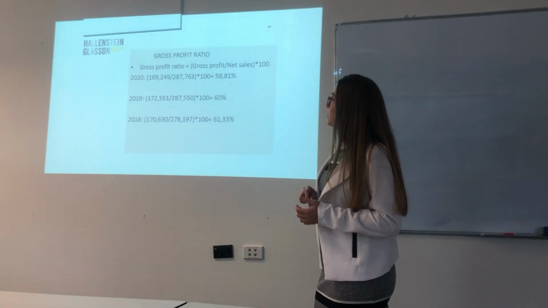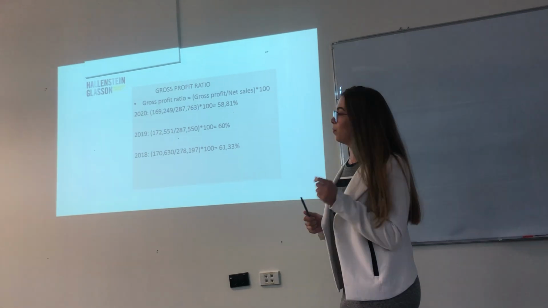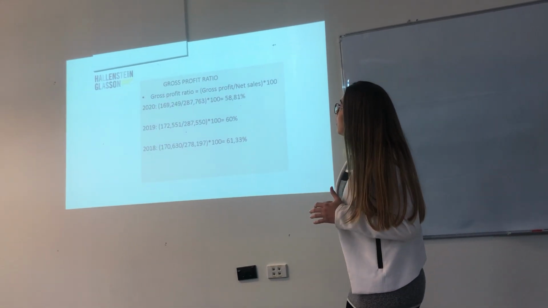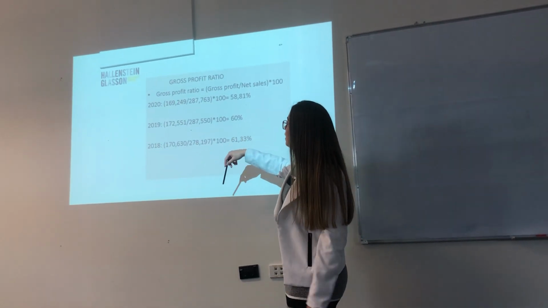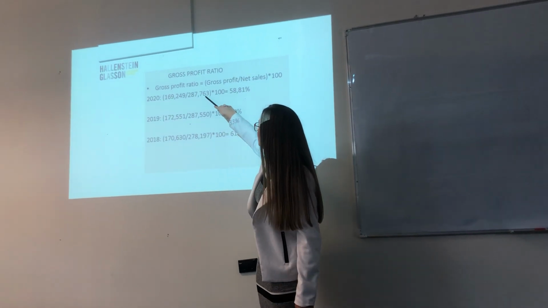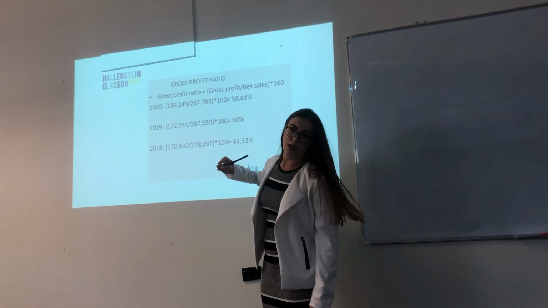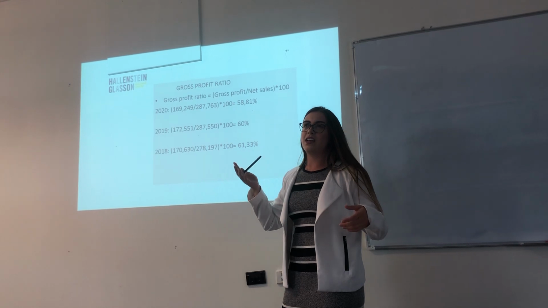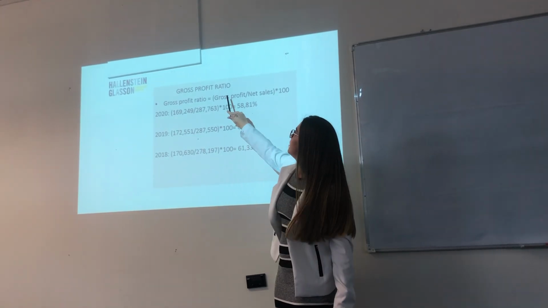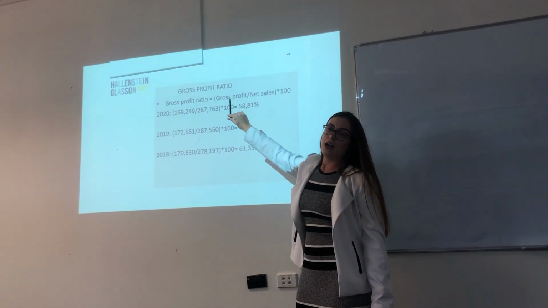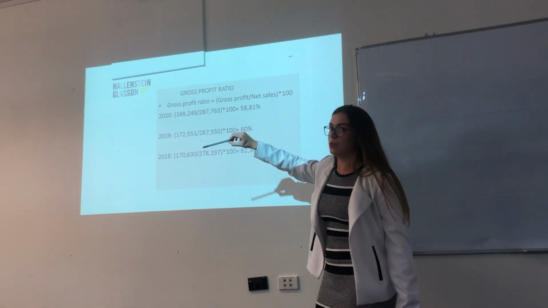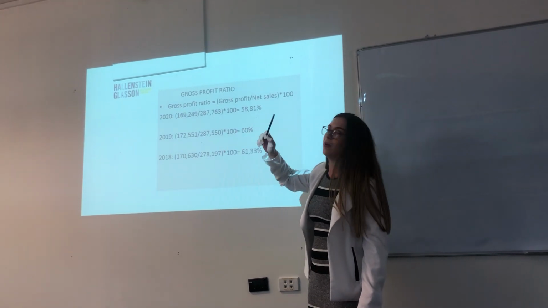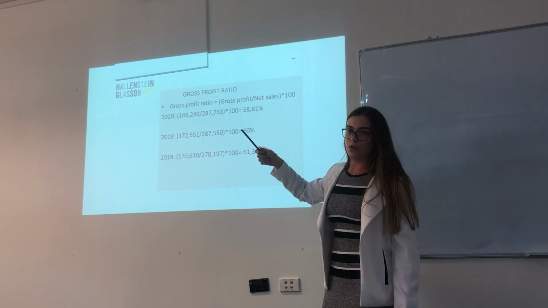Probably because of the COVID situation, they dropped a little bit in gross profit, but they also have a little bit more net sales. The gross profit is the net sales less the cost of goods, so probably the cost of goods went up a little bit.